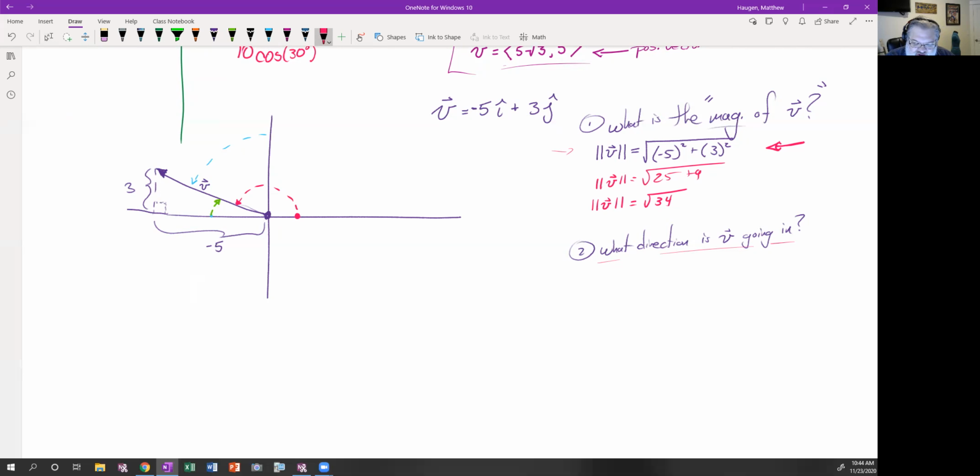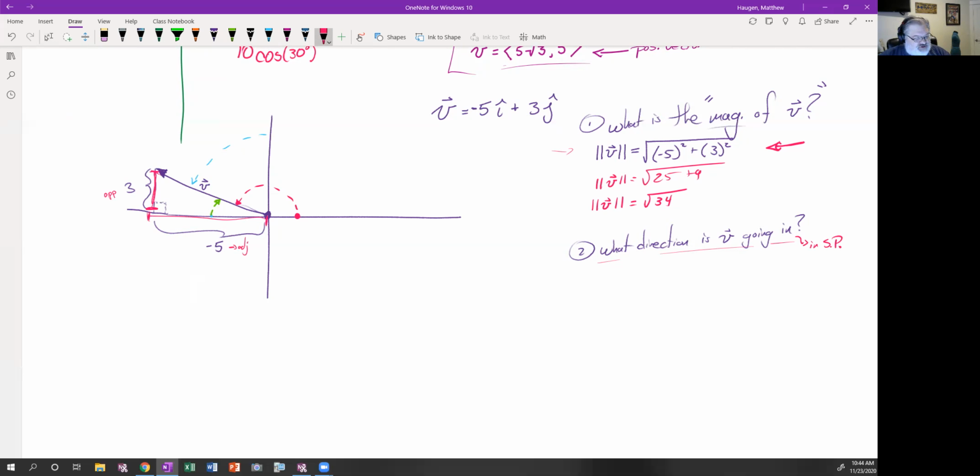What direction is it going in standard position? But again, we essentially have these two lengths associated with our angle. We have an adjacent side and we have an opposite side, or an x and a y.